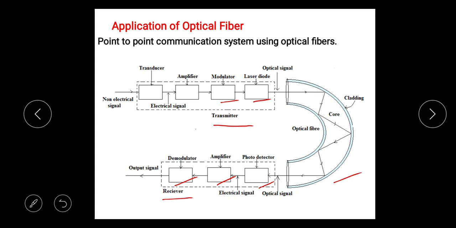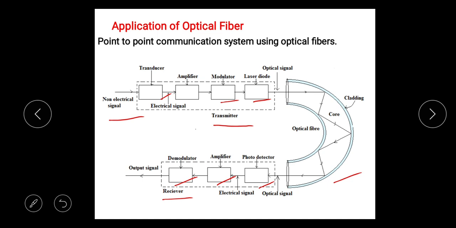Consider the voice of a person. It is in the form of sound wave, that is a non-electrical signal. It is fed to the transducer. Transducer converts sound waves to electrical signals. These electrical signals are amplified by using an amplifier.